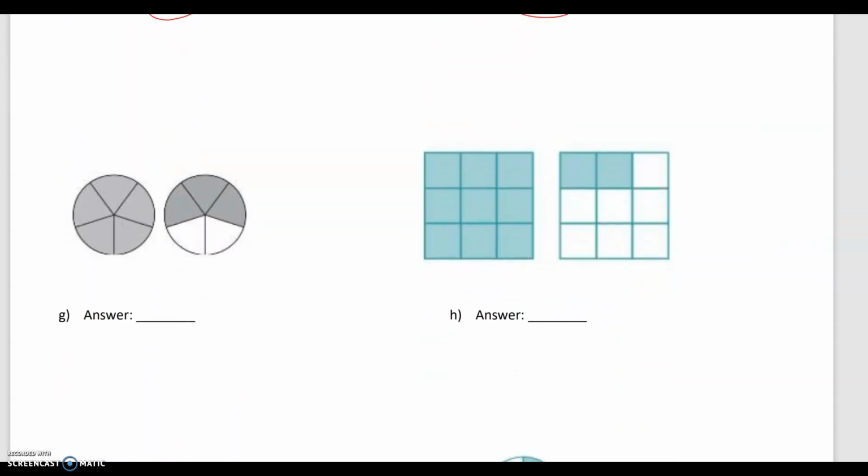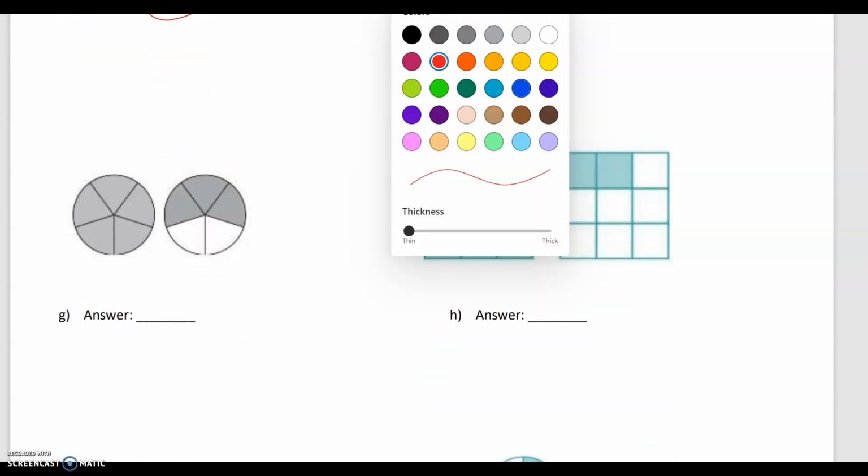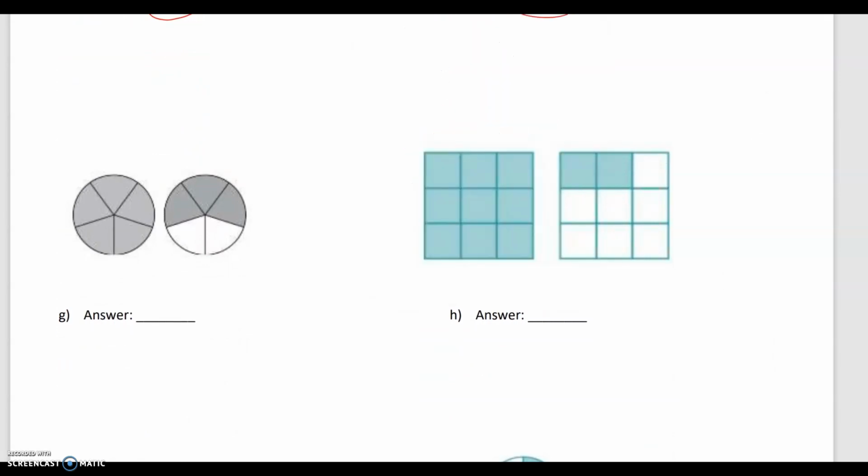And let's take a look at G. In problem G, you can express this as technically 1. And then the second portion, it's going to have, well, 3 out of 5. So you can express this as 1 and 3/5. We can express it as a mixed number. Let's take a look at H. This is going to be 1.